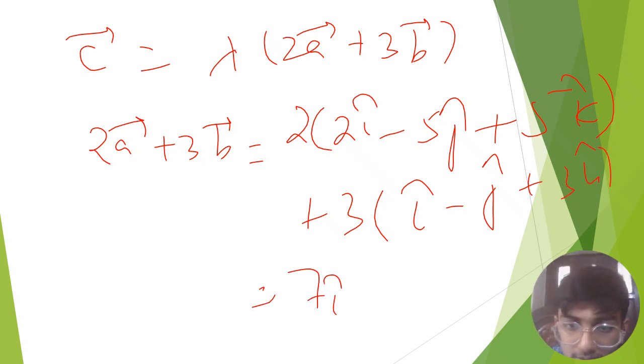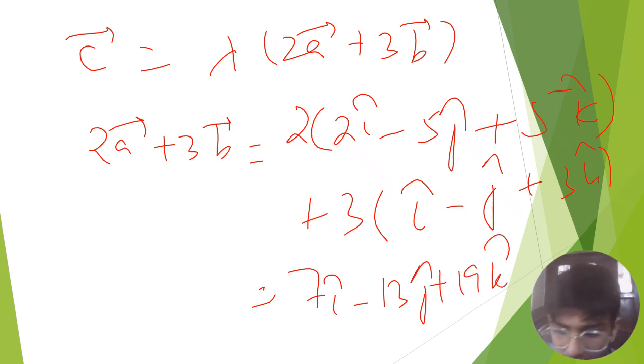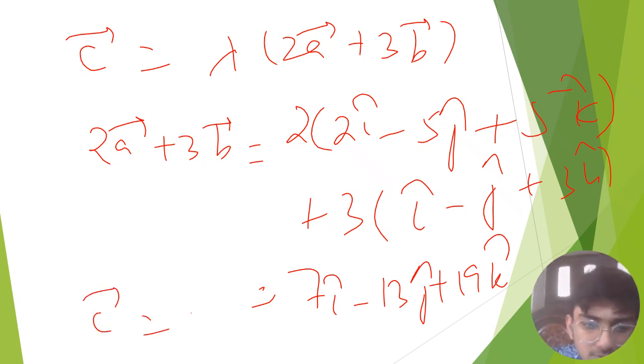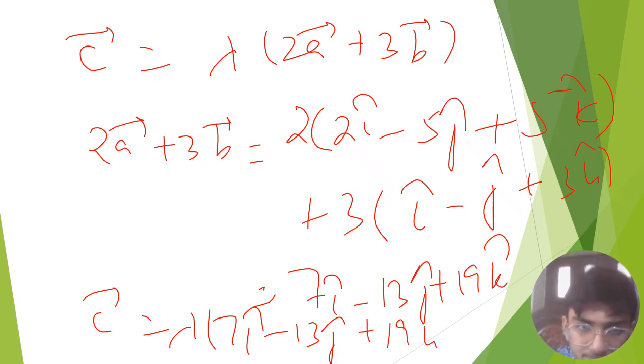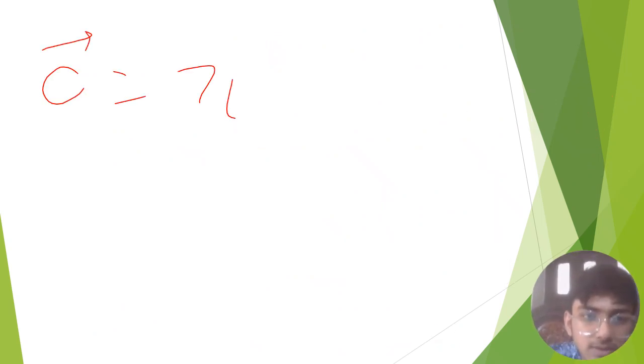That gives 7i cap, minus 10 minus 13, 10 9 19. So this is lambda times this. So now our C vector is coming out to be lambda times 7i minus 13j plus 19k cap.